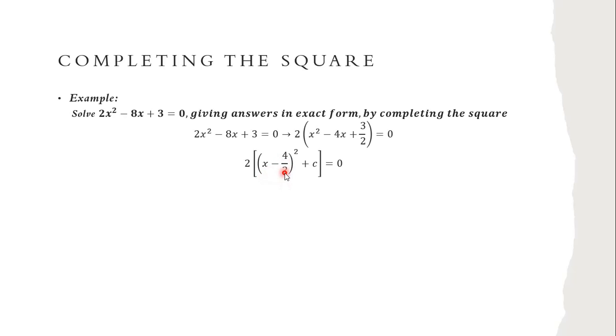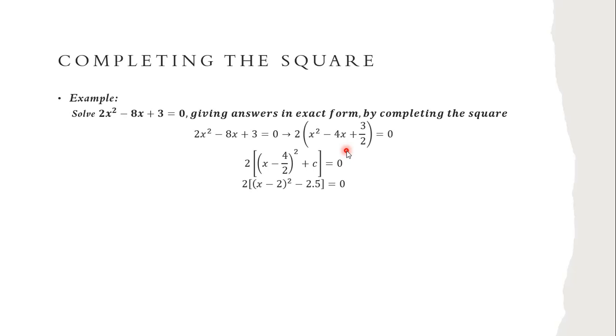And minus 4 halved is going to make minus 2. Then we put plus c because this is not necessarily going to give 3/2 when you square this. In fact, we know it's not because minus 4 halved is minus 2 and minus 2 squared is 4, not 1.5. So we need to work out what this c needs to be so that we end up with 3/2.